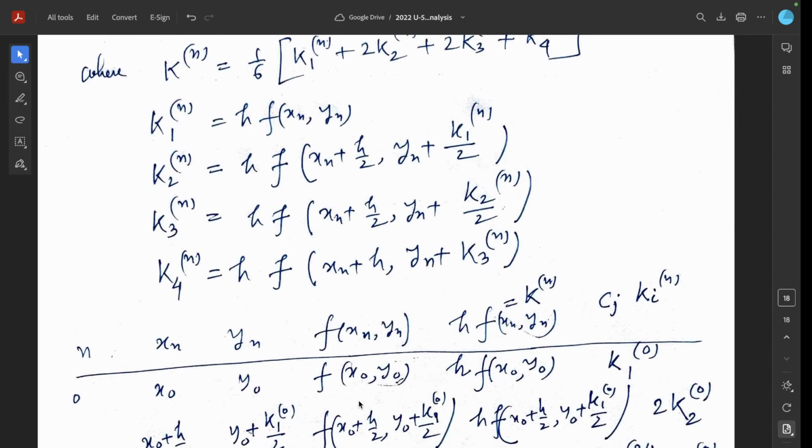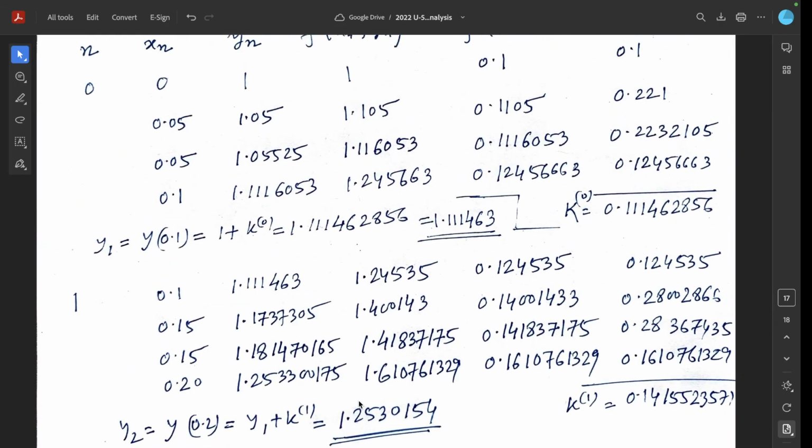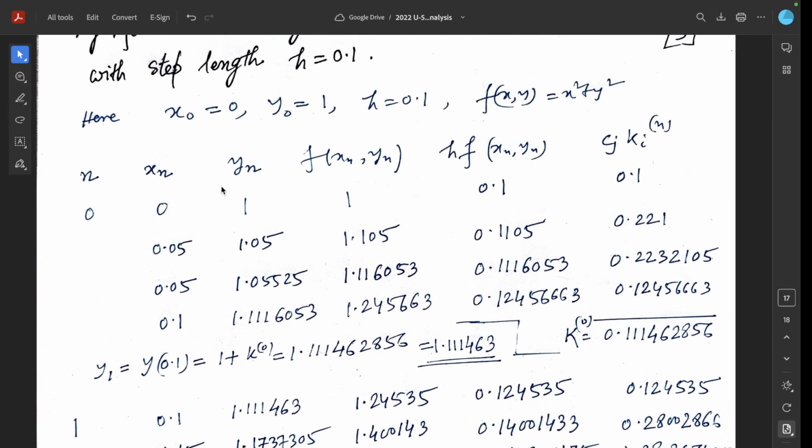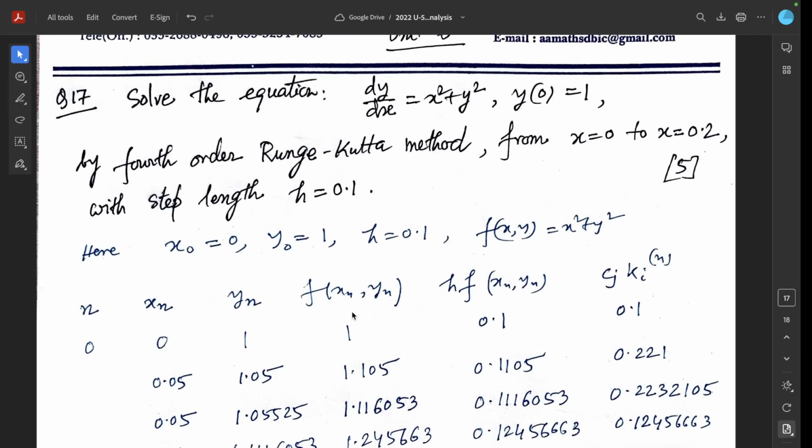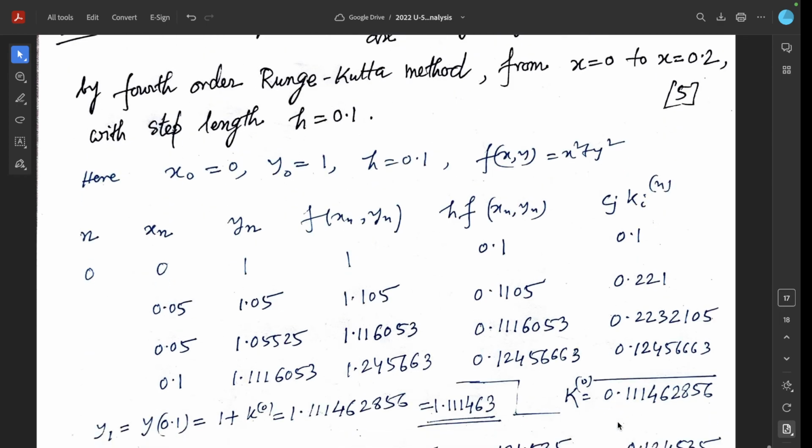By this scheme we find the table with columns xn, yn, f(xn, yn), h f(xn, yn), and cj. This is the x0 initial step, this is y1, and this is f(xn), which is x square plus y square. Then h into f(xn) and cj, where c1 is 1, c2 is 2, c3 is 2 and c4 is 1.